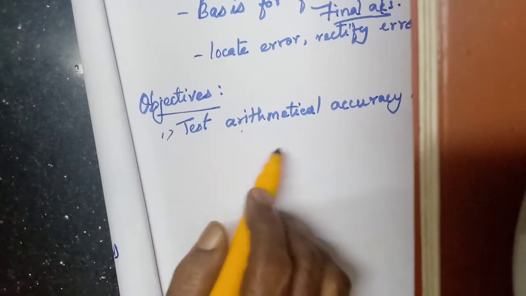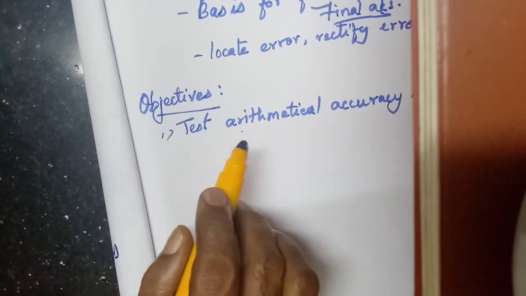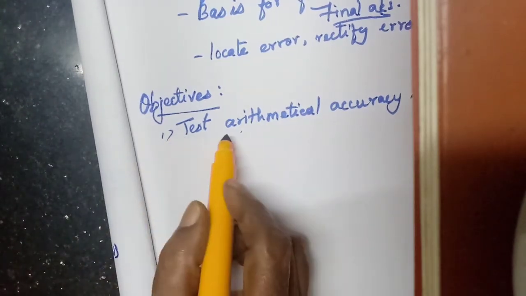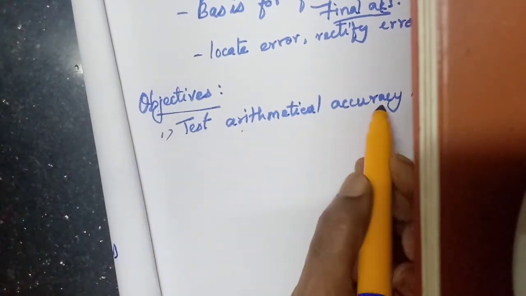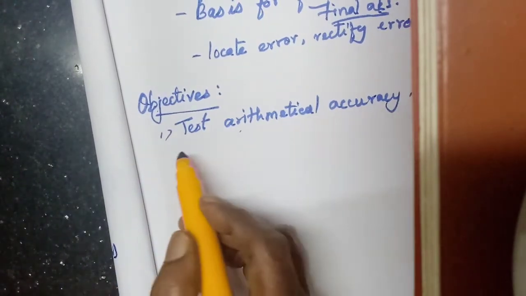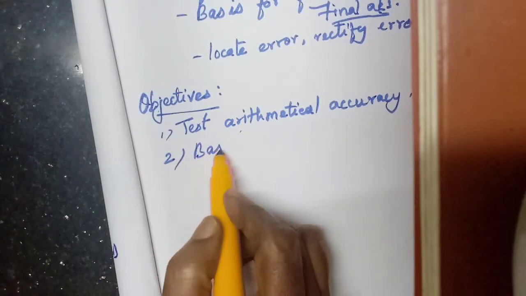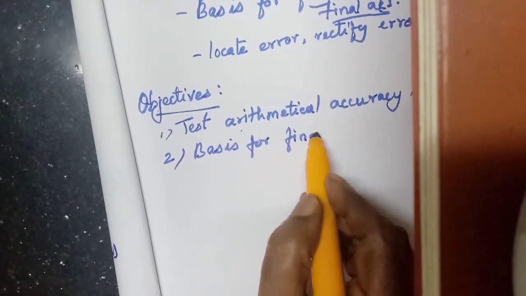If we omit one transaction entirely, then the trial balance will not show it. That is also there. But the main aim is to check the arithmetical accuracy of entries made in the books of accounts. And then the second one, the basis for preparation of final accounts.